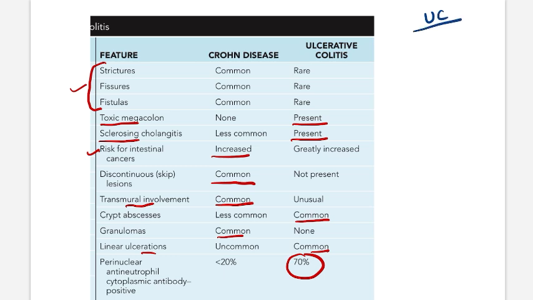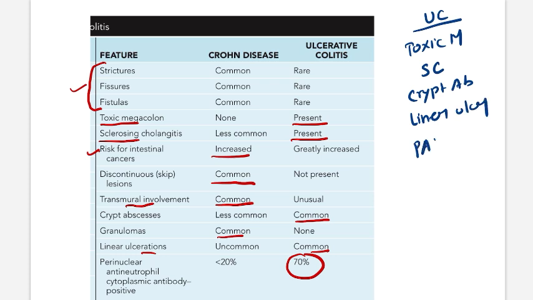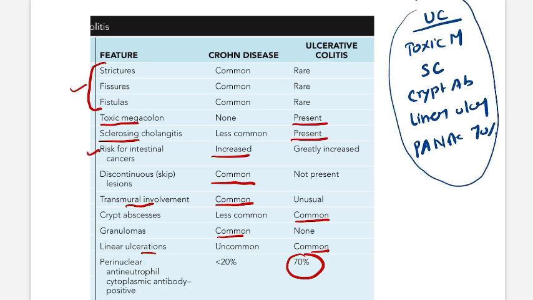For ulcerative colitis, just remember toxic megacolon, sclerosing cholangitis, crypt abscess, linear ulceration, and P-ANCA 70%.